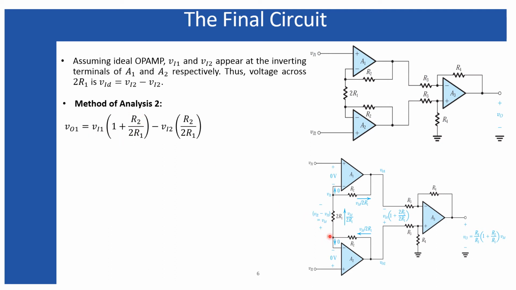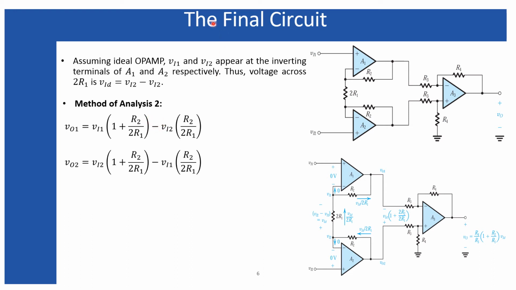When I'm considering this voltage with this terminal grounded, the zero potential will be available over here, and the output voltage due to Vi2 for the operational amplifier A1 will take this form. But in this case, since it is applied to its inverting terminal, this negative sign will appear over here.